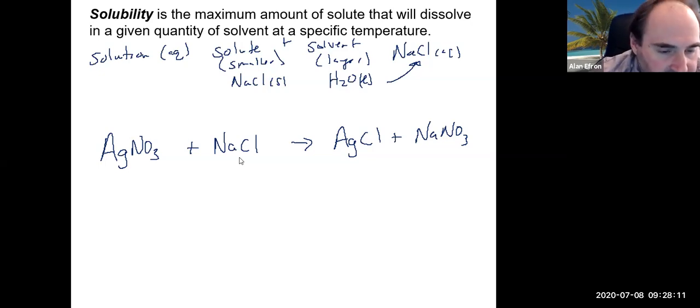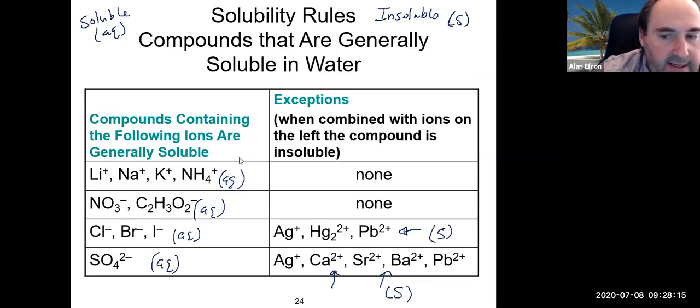So if we look first at the silver nitrate, although we may not be able to find silver on these solubility rules, we can find nitrate, which is right here. When we see nitrate, it is soluble in everything.